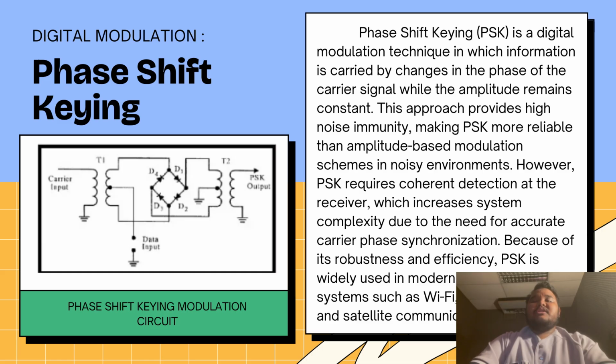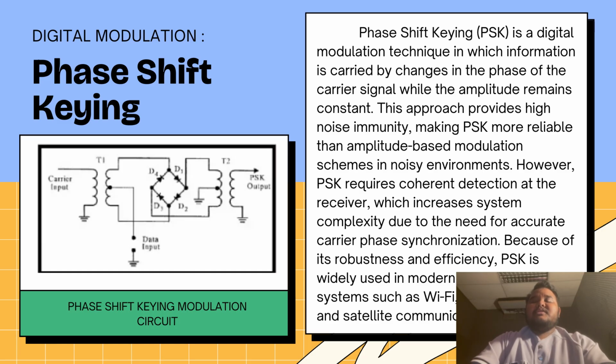This approach provides high noise immunity, making PSK more reliable than amplitude-based modulation such as ASK and AM. However, PSK requires coherent detection at the receiver, which increases complexity due to the need for accurate carrier phase synchronization.